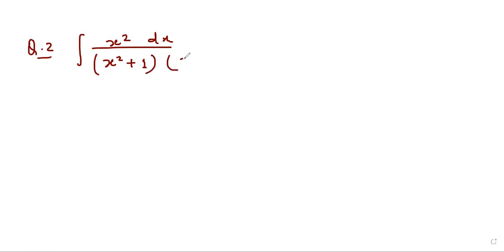Now consider one more question. Suppose the question is integration x square dx divided by (x square plus 1) times (x square plus 4). Here we can assume x square equal to y.